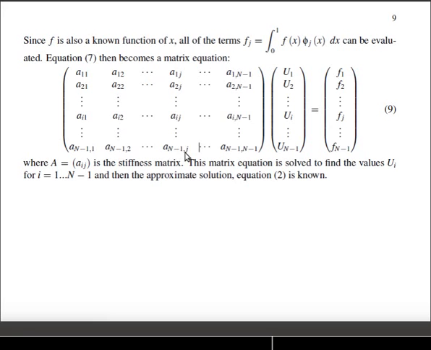And each of those integrals I'll call a ij. So now we've got this matrix, which is called a stiffness matrix, multiplied by the unknowns is equal to the right-hand side. So we need to solve this matrix equation to find the values big U, and hence we've found an approximate solution of the Poisson equation.